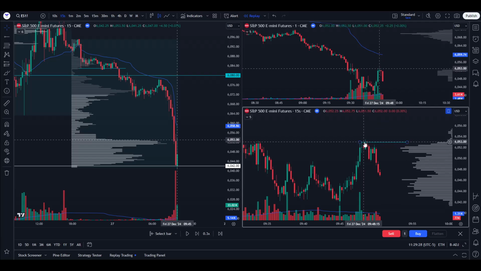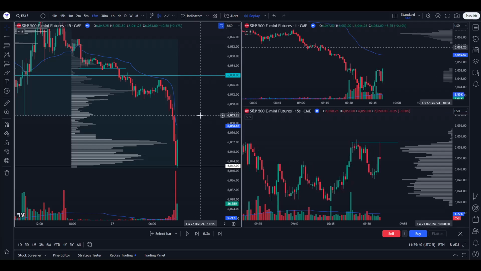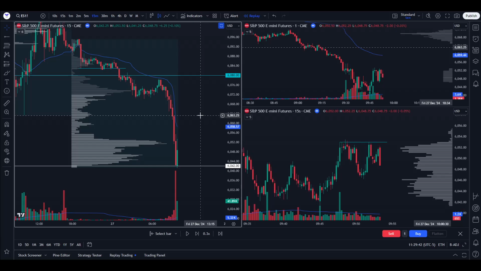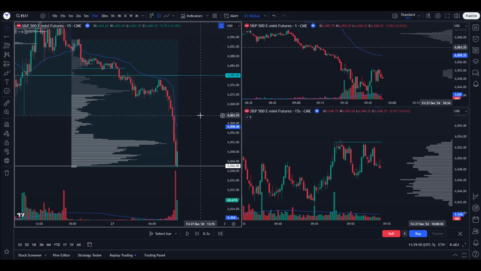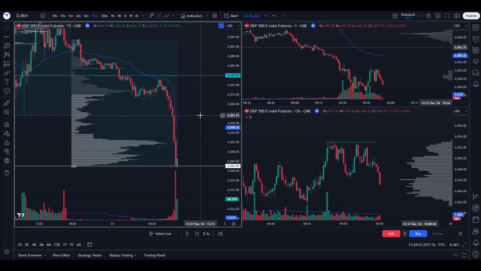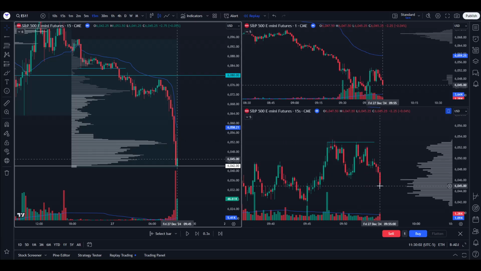It immediately starts stalling out, runs the high, then moves down and comes back up, and it's not able to test it and sells down. It's not the end of it, but then it tests right into it and rejects right off of that level. Now we have another attempt, but we're putting in another lower high and starting to put in lower lows.